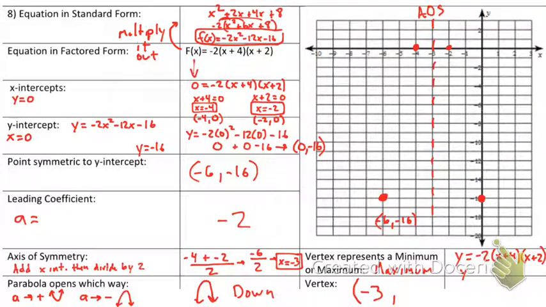So we're left with y equals -2 times (-3 plus 4) times (-3 plus 2). Okay, and let's do this math. So y is going to equal -2 times negative 3 plus 4, that gives me 1, times negative 3 plus 2, that's negative 1.